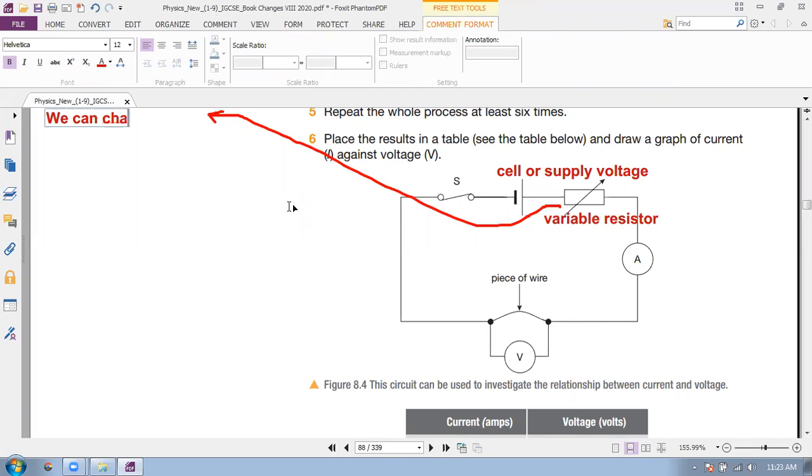We can change the resistance of a variable resistor within a range.